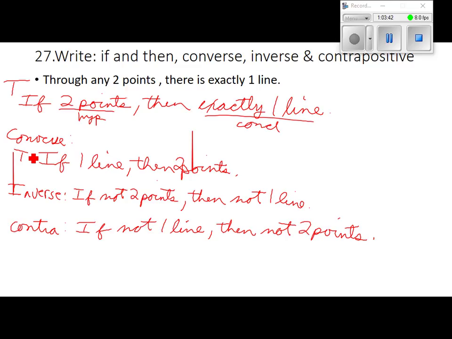If you don't have 2 points, then you don't have exactly one line. True or false? True. If you don't have one line, then you don't have 2 points. That's false. That does sort of seem false, doesn't it? The first and last one are usually true. If the first one's true, then the last one's usually true.